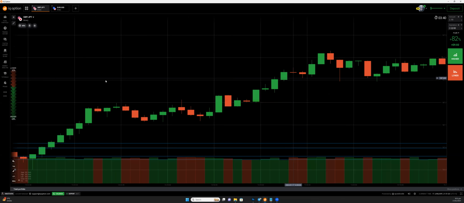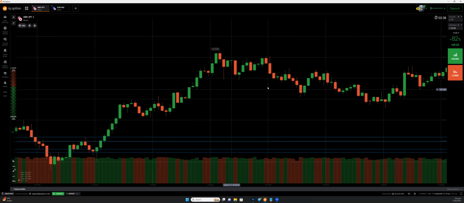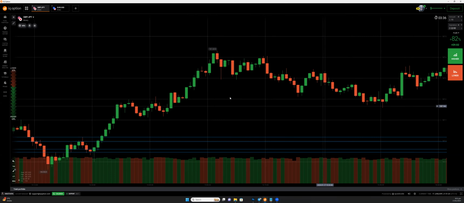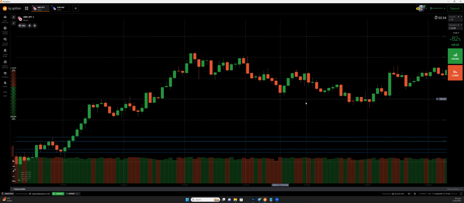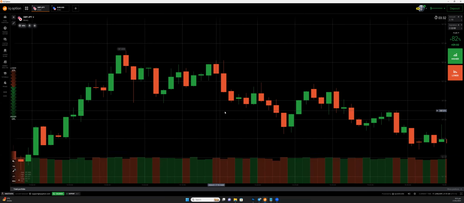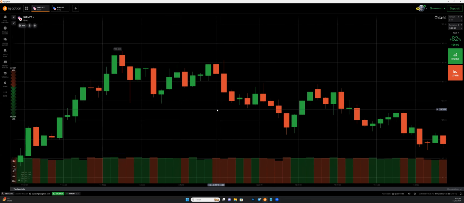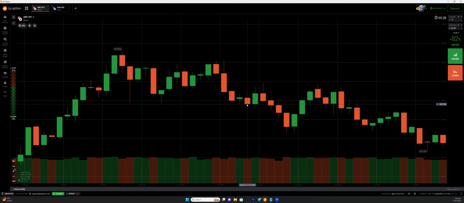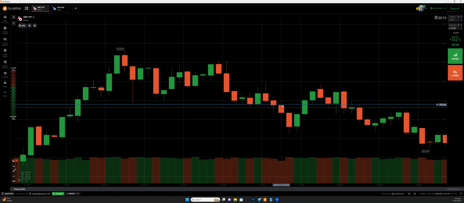Again, we have another option here. I'm giving more examples. Look at here, for example. There is a level broken, and why does this level continue? This is the support which is broken, and the next candle continues.